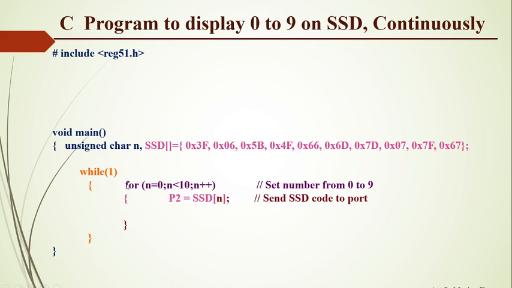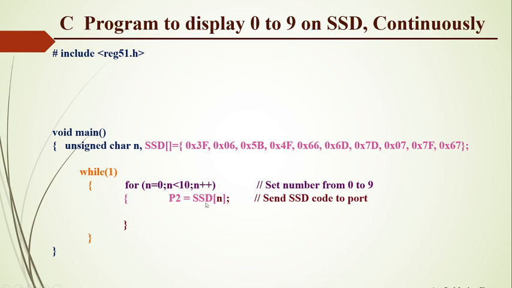Here the counter is implemented using this for loop. We have given n equal to 0, starting from 0, and n less than 10, so we are displaying the numbers from 0 to 9.